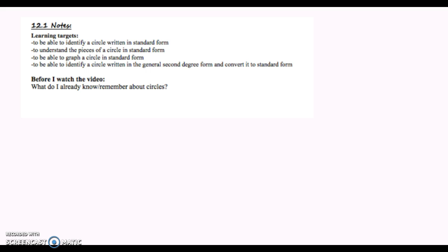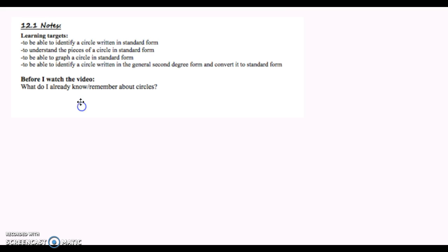Take a minute to pause the video and answer what you already know or remember about circles. Some things you might remember about circles is that a circle will always have a radius and a center.